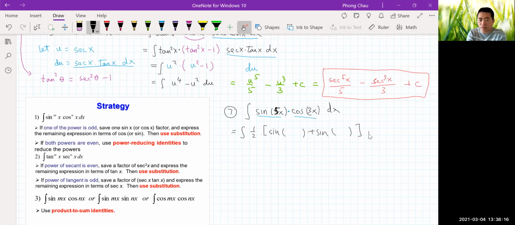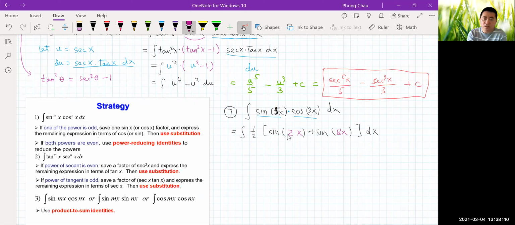Okay, so that's how I remember. And what's inside is the subtraction, 5x minus 3x. Okay, so that will be 2x, right? Then you have 5x plus 3x, so that would be 8x.